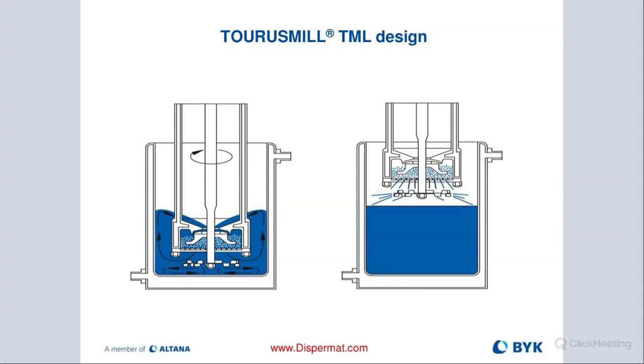And then we have a screen on the bottom of our basket mill, ensuring that the beads stay inside the basket and only the mill base, the product, can flow through it.